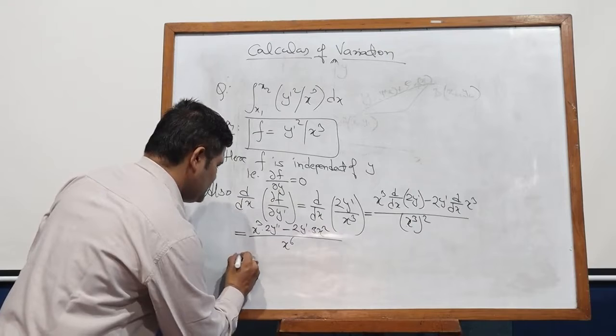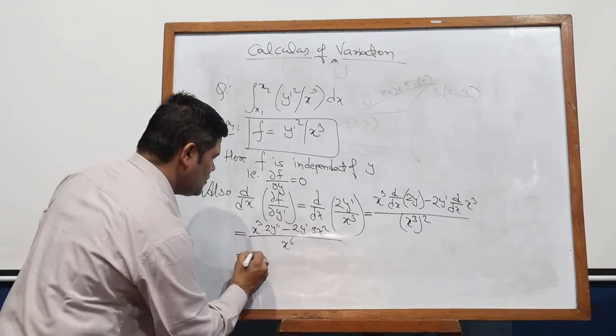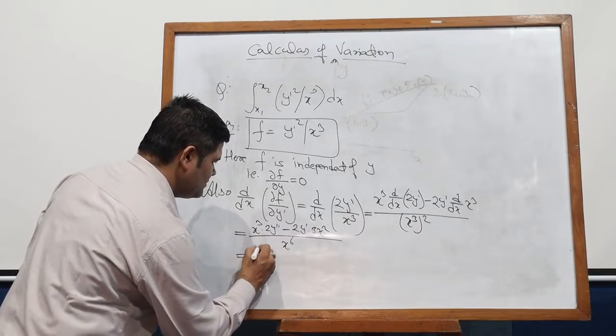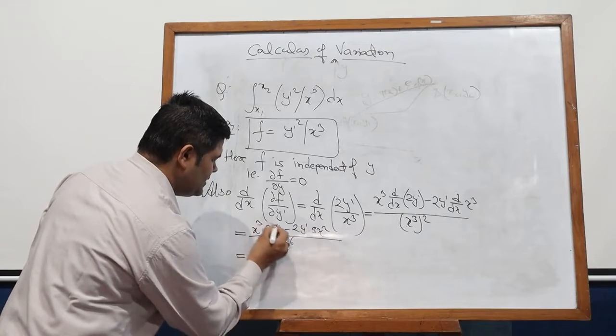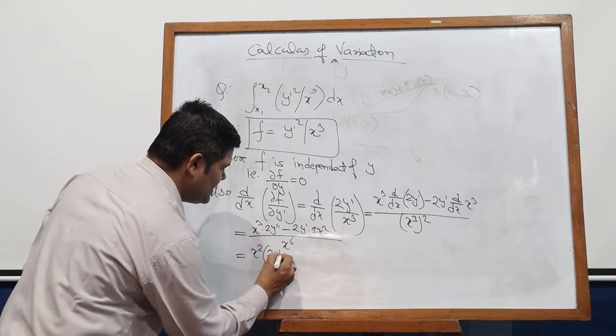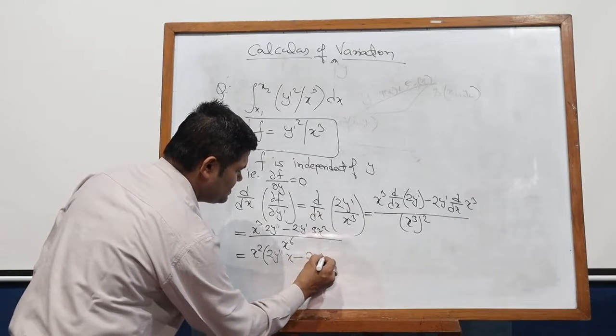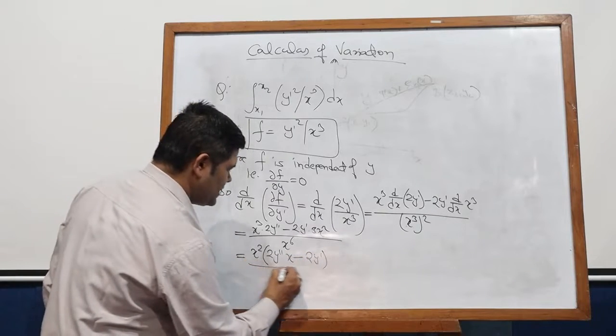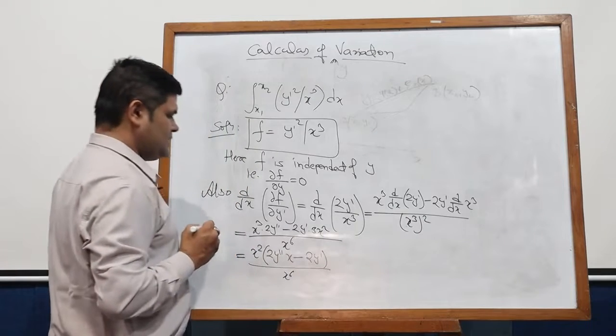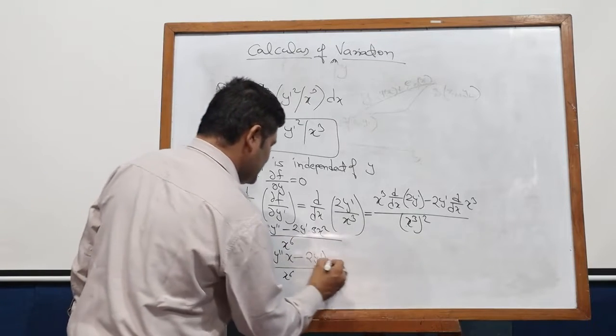In this we see that x square is common, so we keep it out. Then here we have 2y double dash x minus 2y dash, upon x to the power 6. After that this cancels out.